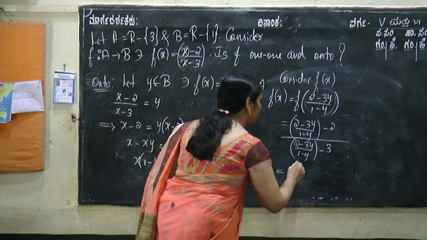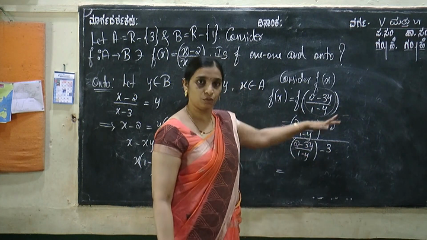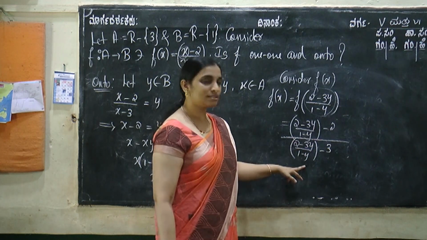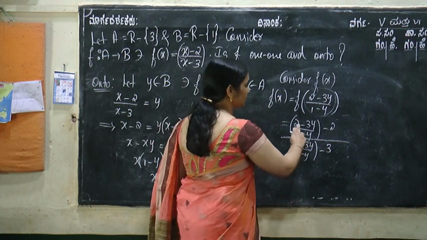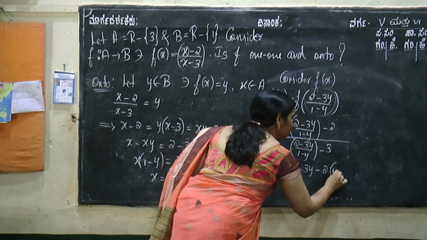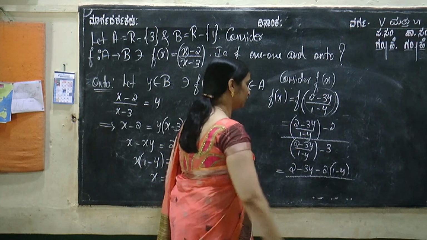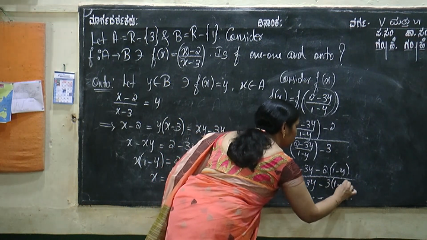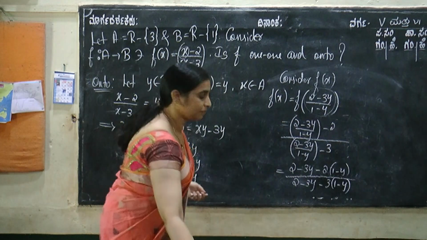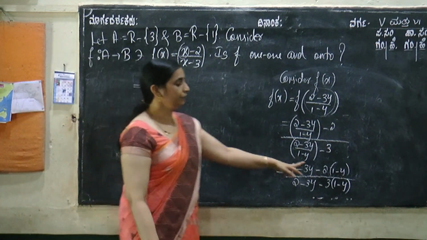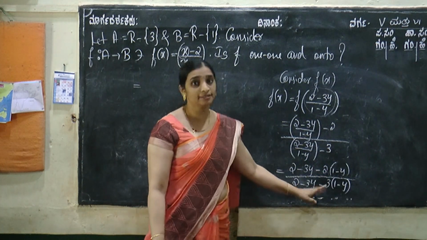When we take the LCM, what happens? 1 minus y is the LCM both in the numerator as well as the denominator. So once we take the LCM, we can cancel. So it is 2 minus 3y minus 2 into 1 minus y whole divided by 2 minus 3y minus 3 into 1 minus y. Now, here already we have taken the LCM and cancelled the denominator.